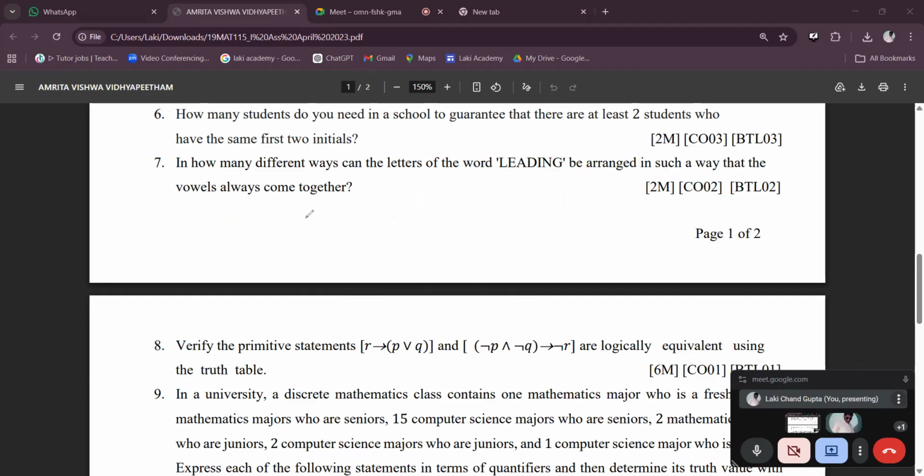Okay. So here you write: vowels E, A, I can be arranged in 3 factorial ways. Consonants means all the other letters.